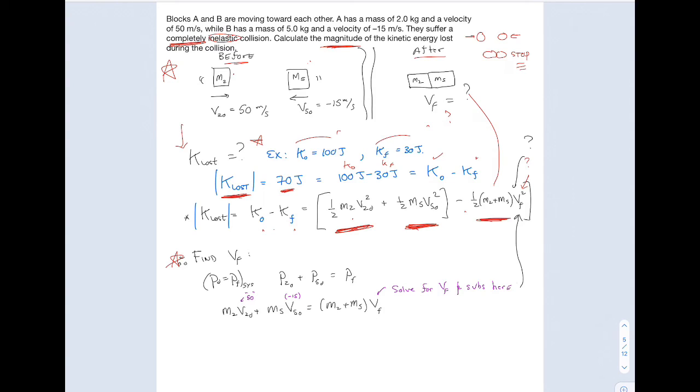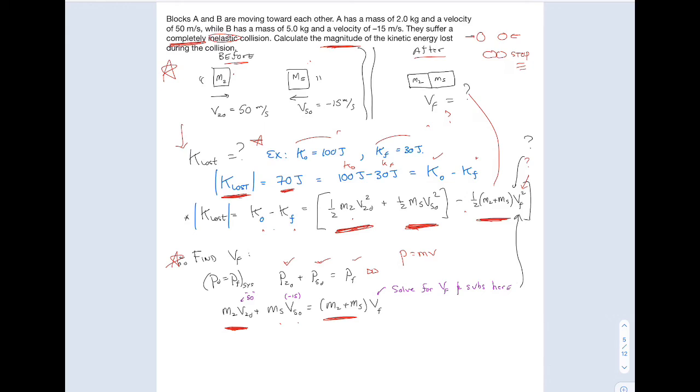In the initial picture, I have P2 initial plus P5 initial equal to P final. Looking at my picture, I have M2 V2 initial, because remember, momentum is mv. P5 initial is M5 V5 initial. And then for P final, they're stuck together, so that's why I have both masses times V final.